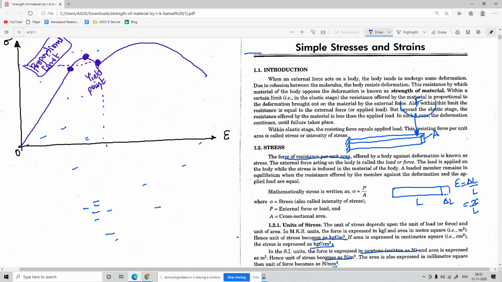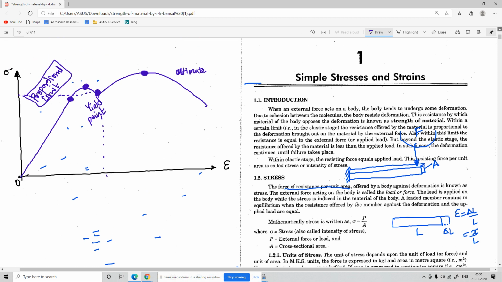As we increase the deformation, it reaches an ultimate, the peak, which is called the ultimate point.